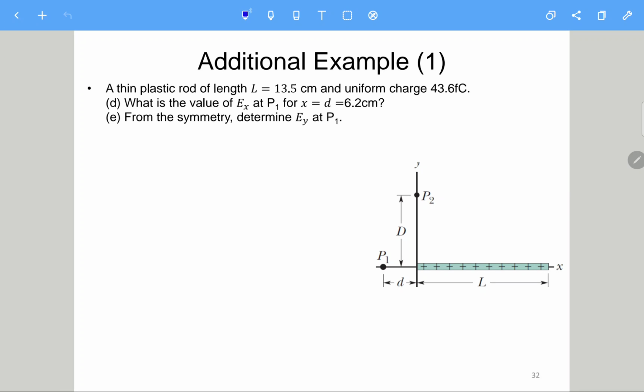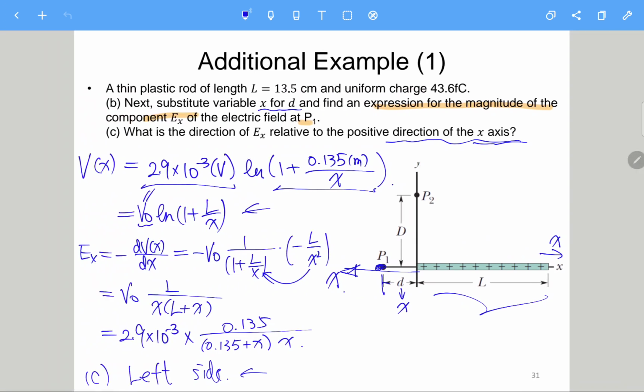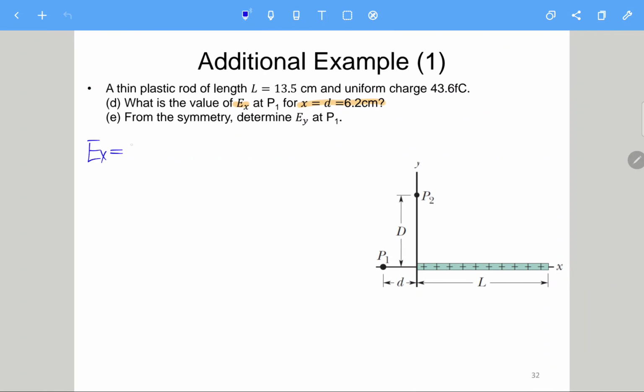So next, what is the value of E sub x at d equals 6.2 centimeters? We only need to substitute the number. So we have V0 L over (L plus x) times x.